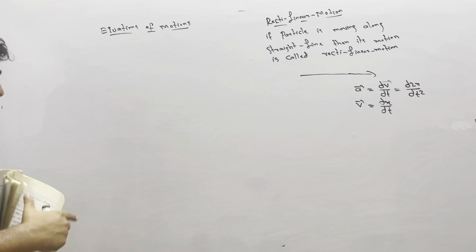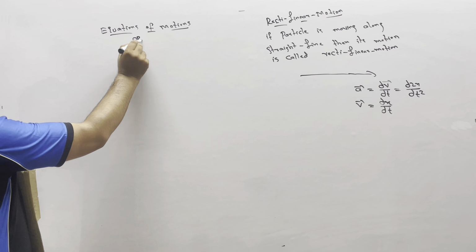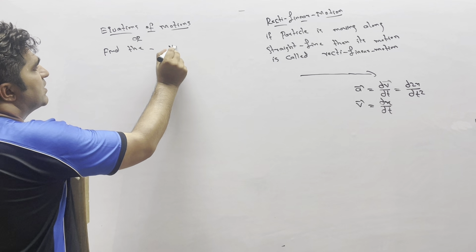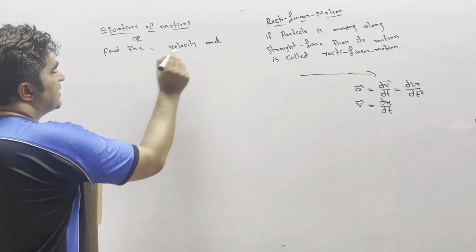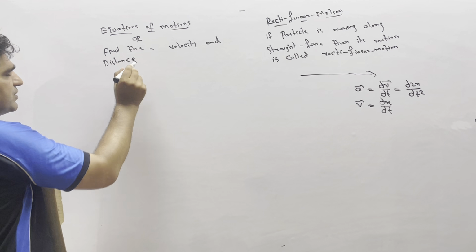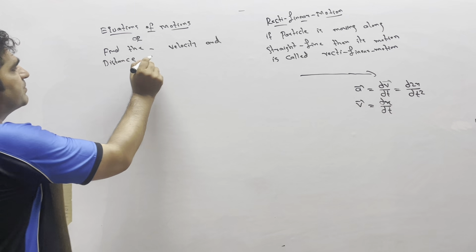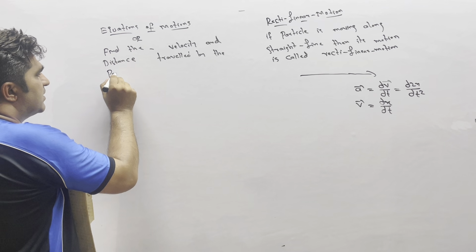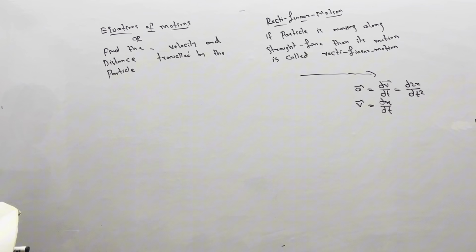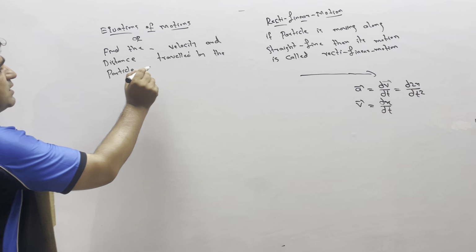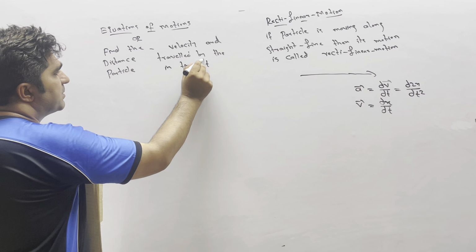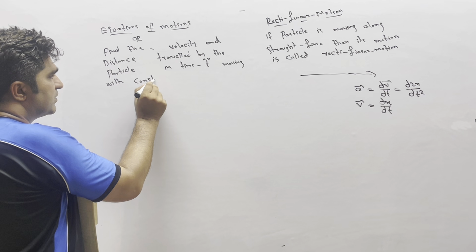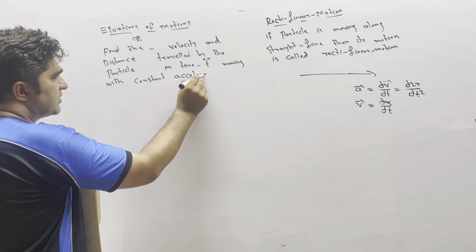In the paper, it can also come like this: find the velocity and distance traveled by the particle in time t, moving with constant acceleration a.